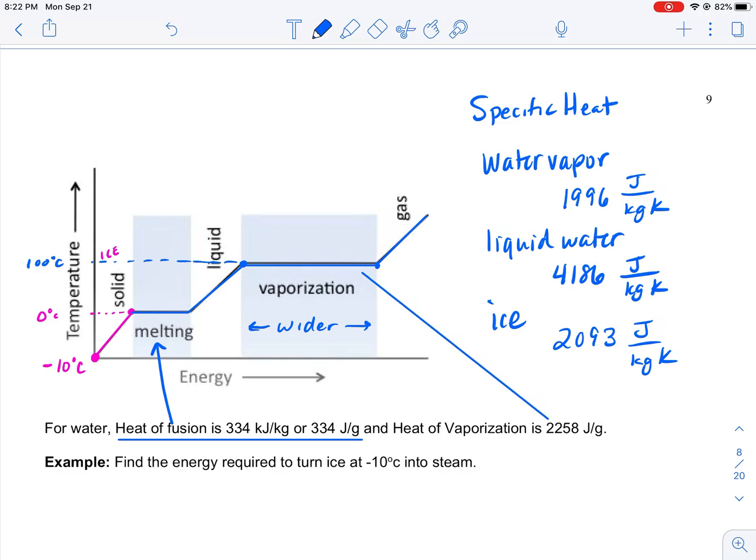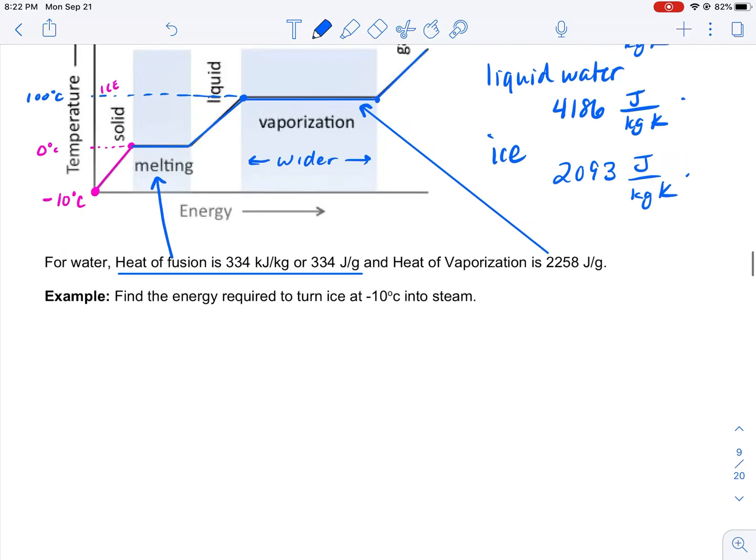And then the heat of vaporization, the amount of energy it takes to change water from liquid to gas, again, just for water, is 2,258 joules per gram of water. I've also written down the specific heats of different forms of water: vapor, liquid water, and ice.